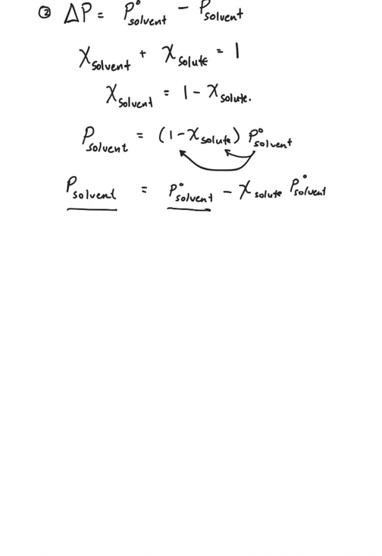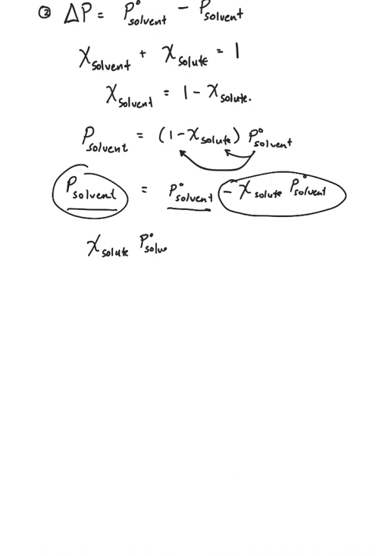I'm going to rearrange this equation one more time. I'm going to bring this whole thing over to the left-hand side, bring this whole thing over to the right-hand side. I'll have the mole fraction of solute multiplied by the vapor pressure of pure solvent is equal to the vapor pressure of pure solvent minus the vapor pressure of solvent in solution.